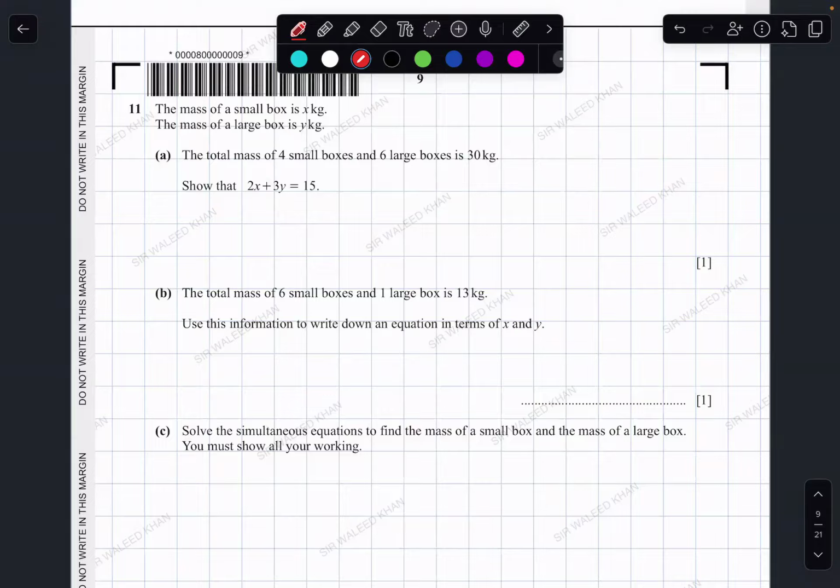The total mass, 4x plus 6y, should be equal to 30. Now we have to match this. If I divide with a number which can bring these numbers down, yes, 2, good. So this will be 2x plus 3y is equal to 15.